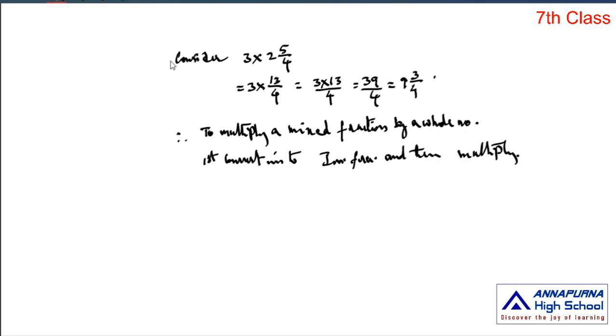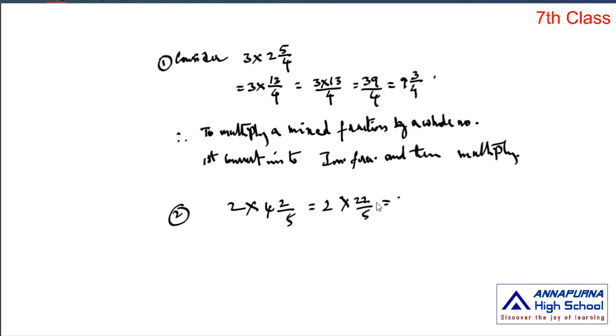Now, this is the first example. Let me do one more. 2 into, say, 4 2 by 5. Here the numbers are changed, 4 2 by 5. So which is equal to 2 into, convert this mixed fraction into an improper fraction, 5 4s are 20 plus 2, 22 by 5, which is the product of a whole number and an improper fraction.